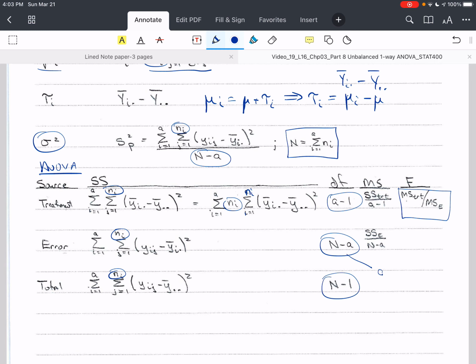Here we cannot say a times n or a times n minus 1, which is a n, nope, little n minus a. This was n previously, so now we can't write it this way. We have to leave it as it is here, okay? Or we could say the sum of n_i minus a if we wanted to, but that's a little more writing, so we usually don't.